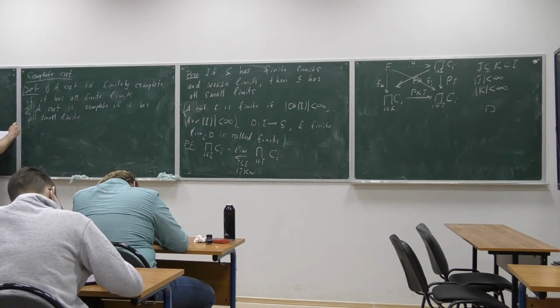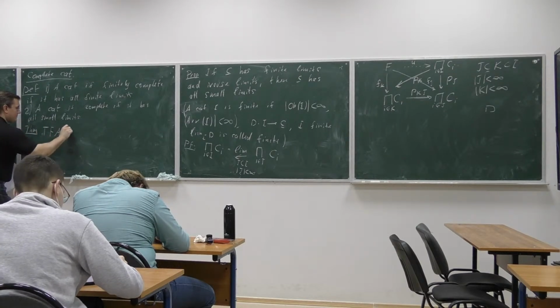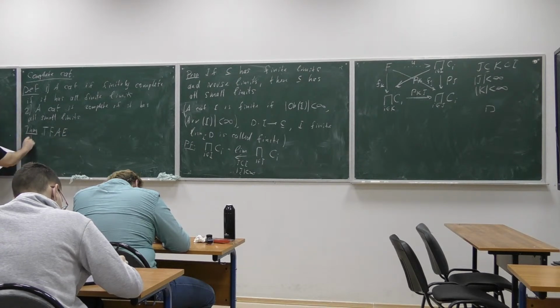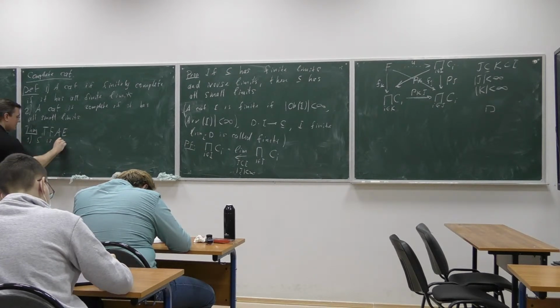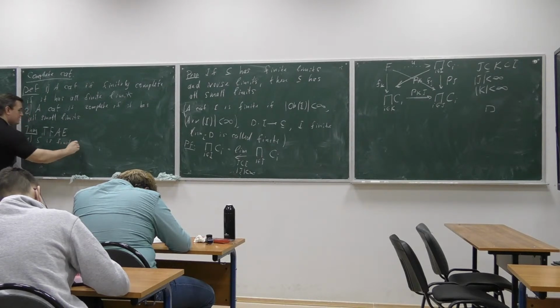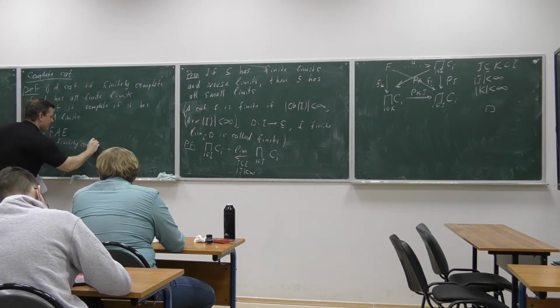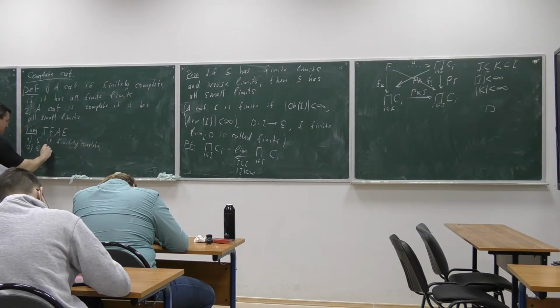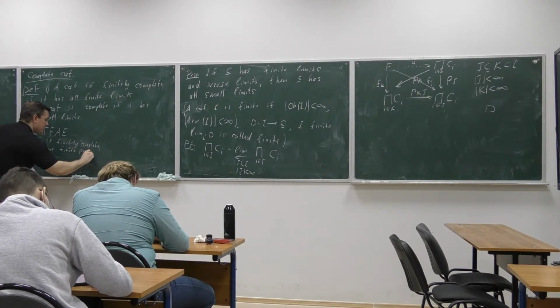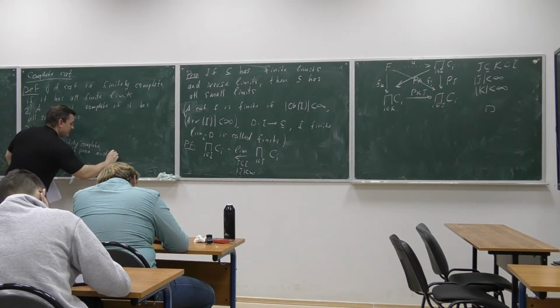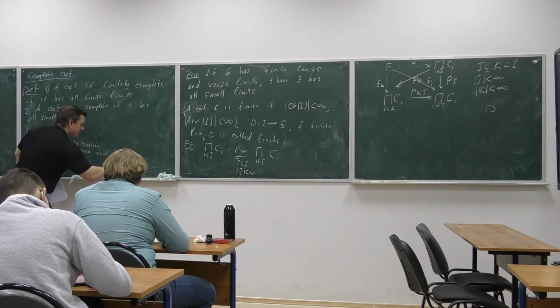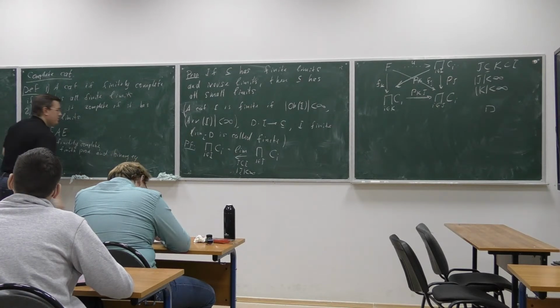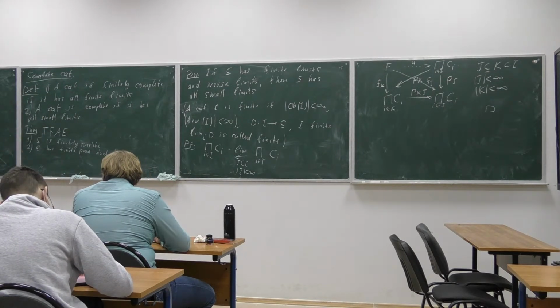Theorem: the following are equivalent. One, C is finitely complete. Two, C has finite products and binary equalizers, meaning that we have equalizers for two arrows.